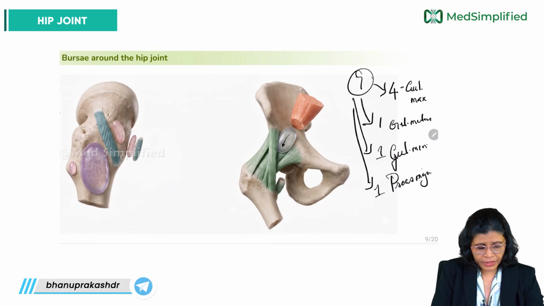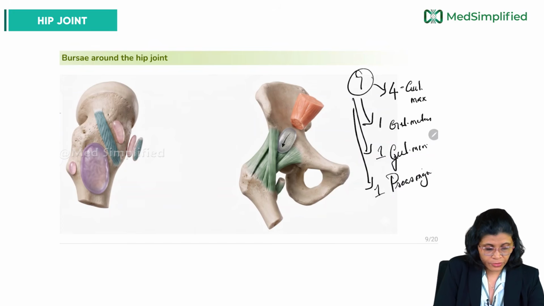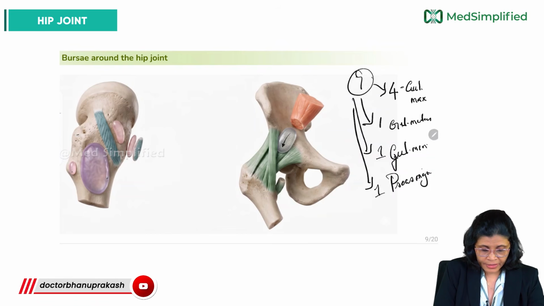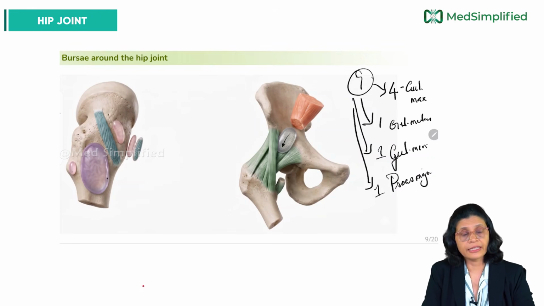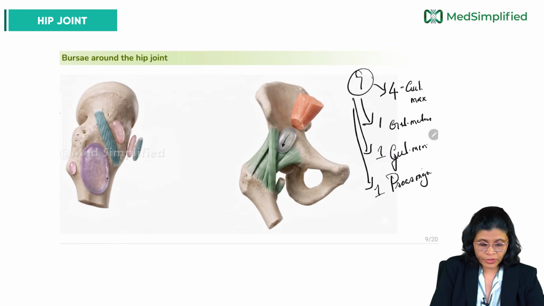Then we have between the gluteus maximus and the greater trochanter, gluteus maximus and the ischial tuberosity, then gluteus maximus and the vastus lateralis, as well as gluteus maximus and the ilium. So these are the four sites.